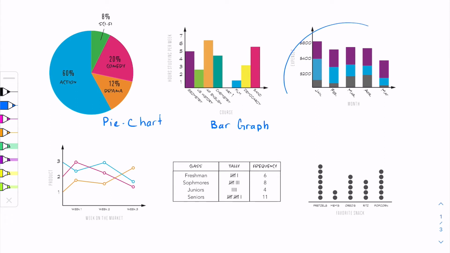After the bar graph, we see what looks like another bar graph, but you can see every column on that has three sections, a gray, a blue, and a purple section. We specifically call this a stacked bar graph.